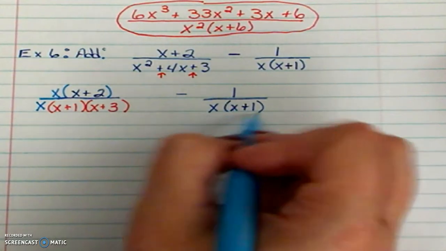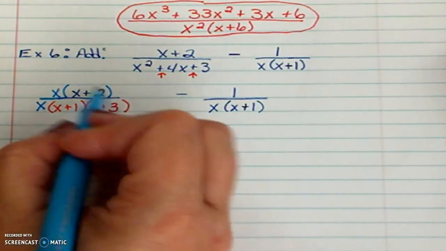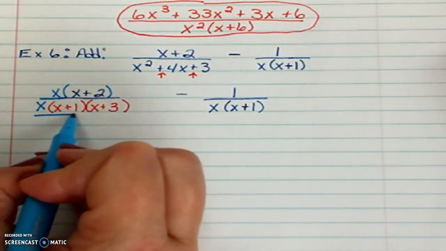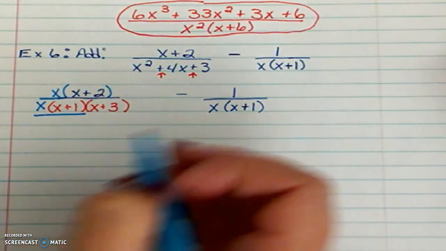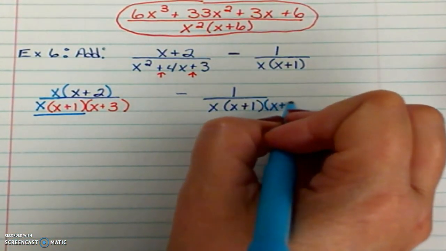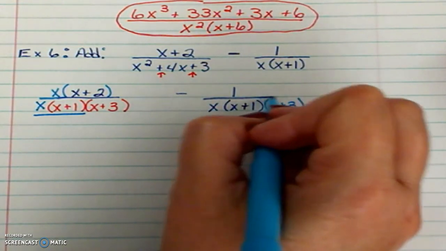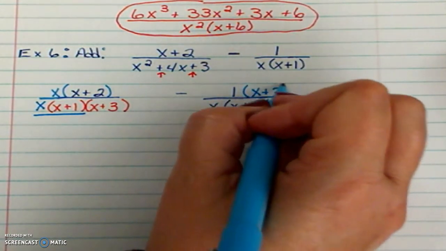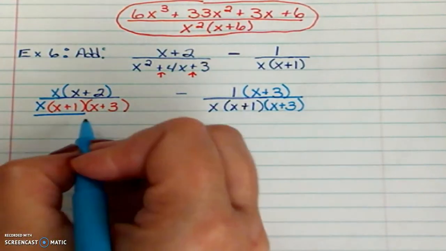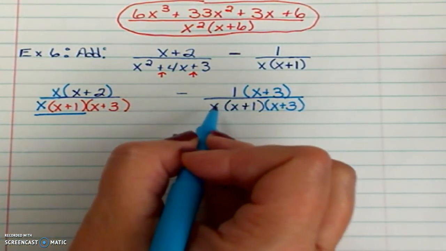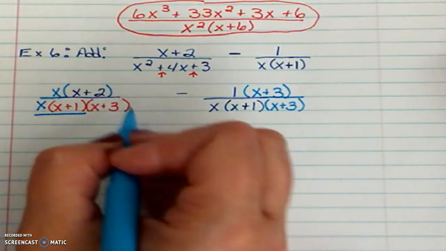Now the second fraction looks almost like the first fraction as far as it has this quantity x times the quantity x plus 1. But what it is missing is the quantity x plus 3. So we didn't have to do anything with x plus 1 because that already occurred in each denominator. So the only difference was a factor of x and a factor of x plus 3.